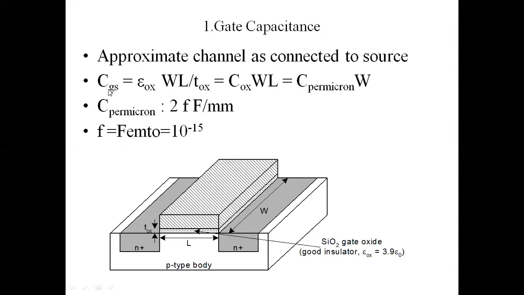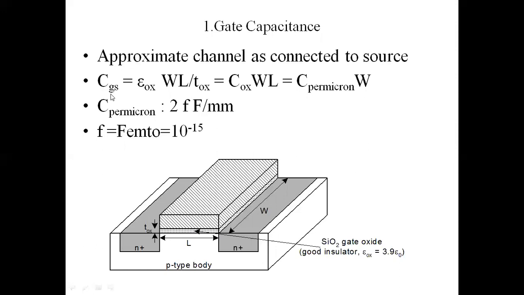So CGS is the capacitance between the gate and source. Whatever channel is formed towards the source terminal, that source terminal and the gate terminal are separated by the oxide layer. So the oxide layer forms the insulator, and the gate and source channel form the two conductors.